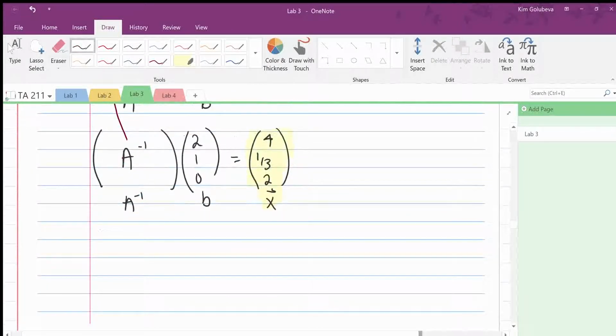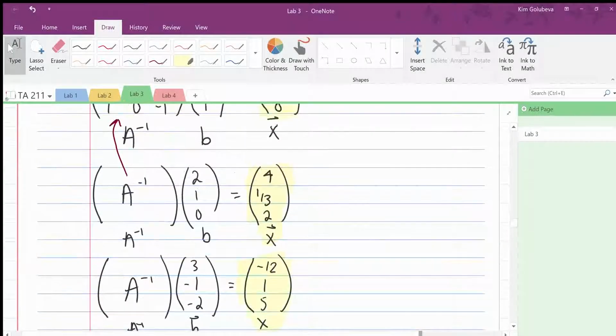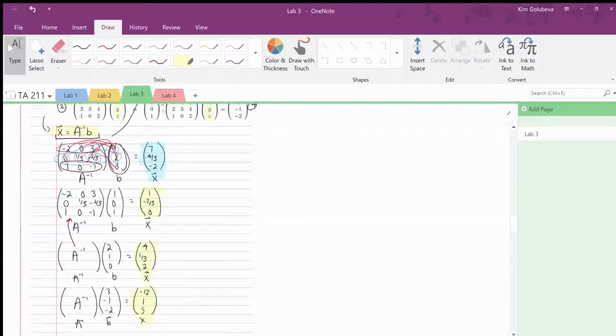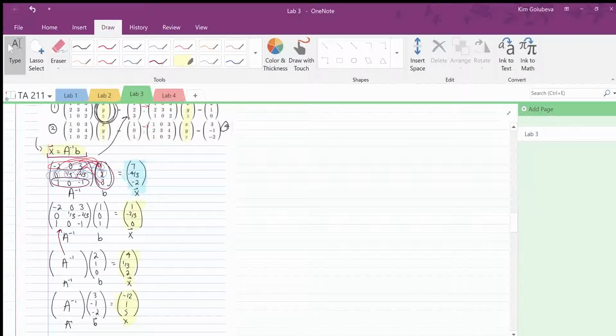And last one, I'm going to just write A inverse again. We have 3, -1, -2, and that equals this, our x. So I hope that's okay with you guys, that I'm not going through the actual multiplication of it. Well, I did on the first one, but if you guys do need help with this, then you can look back in the last video.